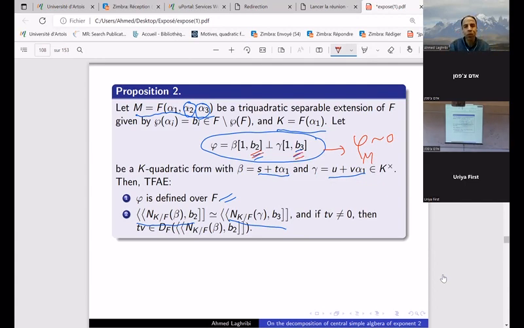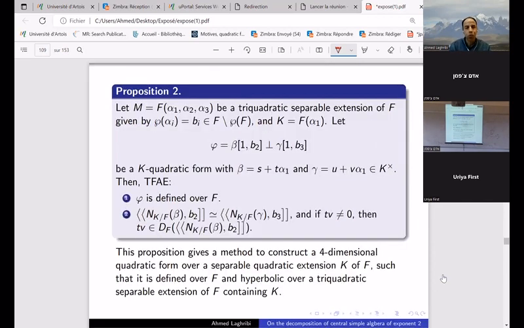And the importance of this proposition is the following. It gives you an idea to construct a form over a separable quadratic extension that becomes hyperbolic over a triquadratic separable extension. And if you are lucky, this form can be defined over F. And this is what we used.